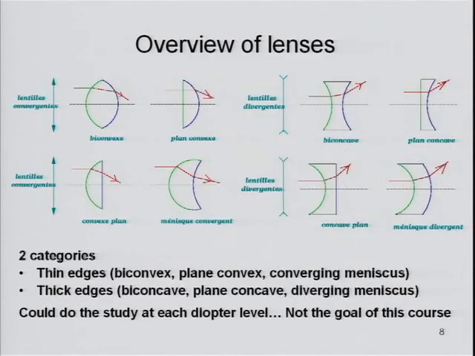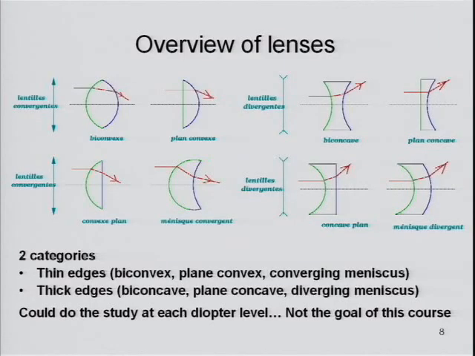And usually, though it's not necessarily true, lenses with thin edges will have a convex behavior, whereas lenses with thick edges will have a much more concave behavior. But again, we will not study at each diopter level what's happening. We could be in a spherical reference and look at what's happening for all the rays for each diopter, but we will simplify all this.